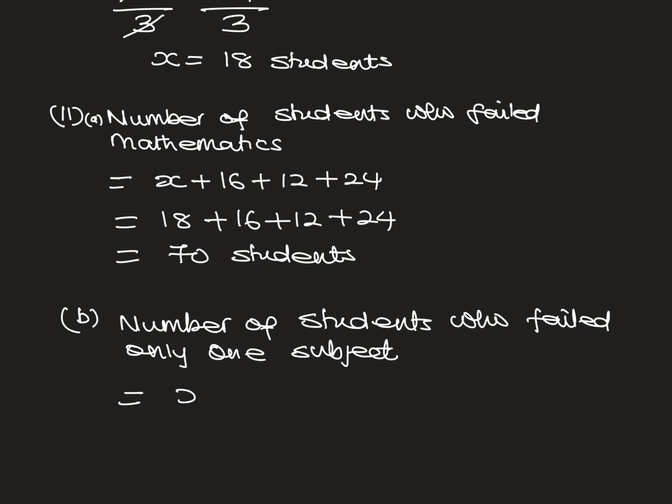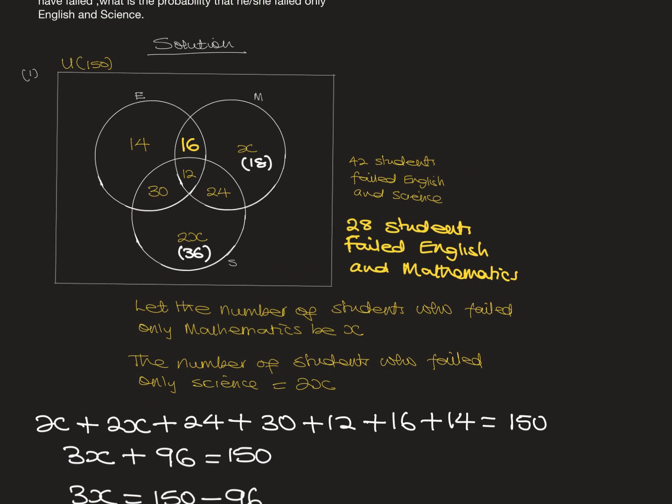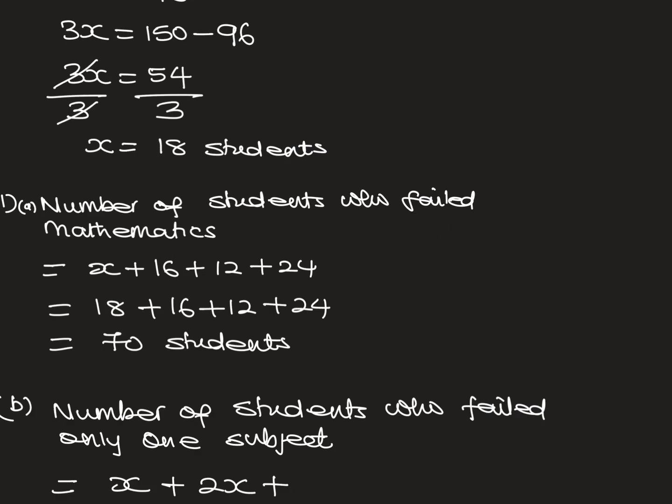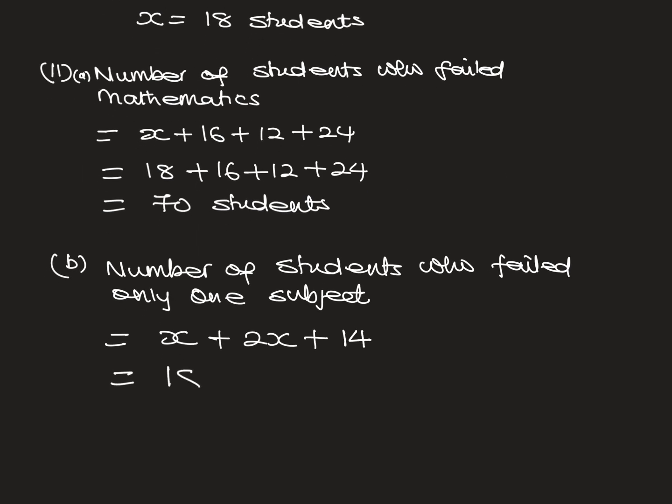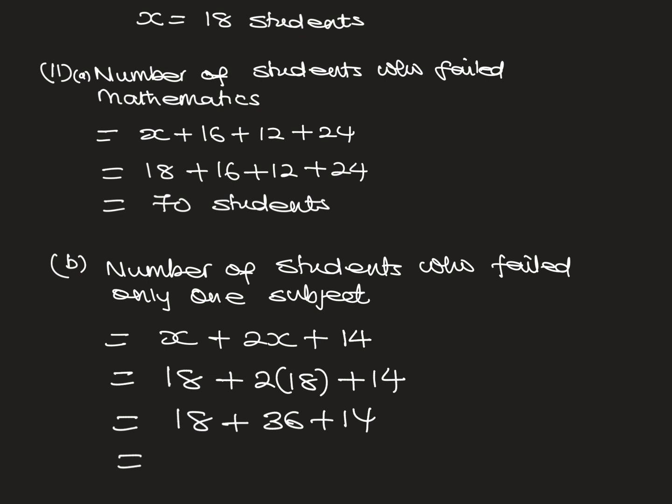That is going to be x plus 2x plus 14, right? X plus 2x plus 14. So that is going to be 18 plus 2 into 18 plus 14. So that is 18 plus 18 times 2 is 36 plus 14. So what do we have? 18 plus 36 plus 14 is 68 students.